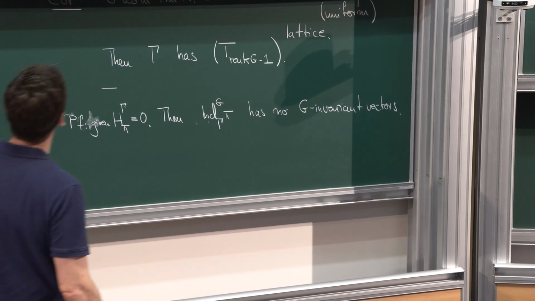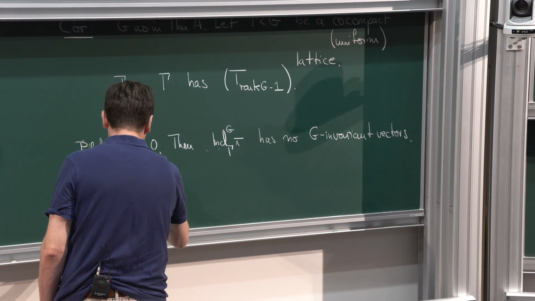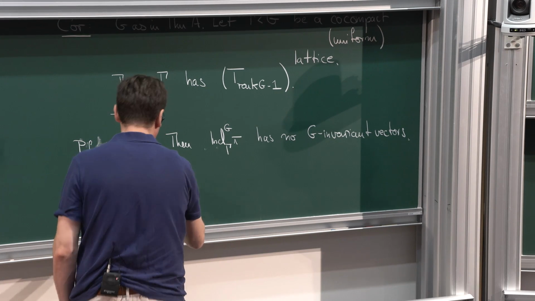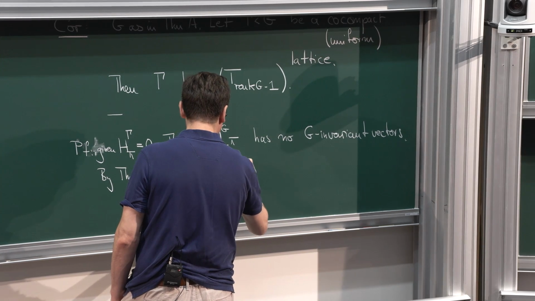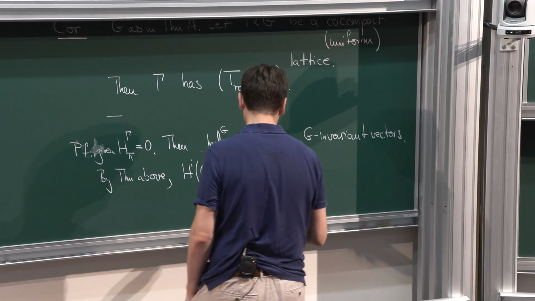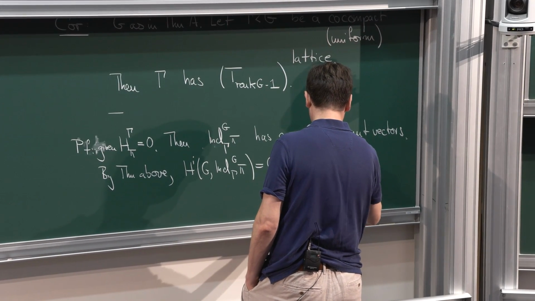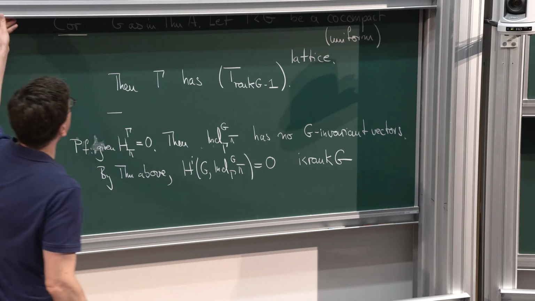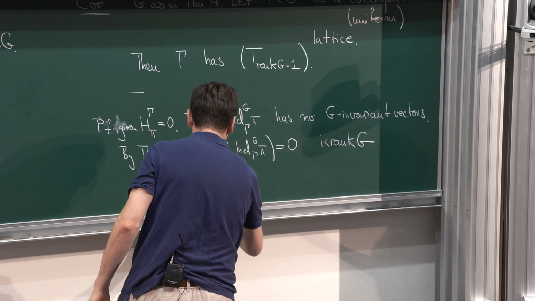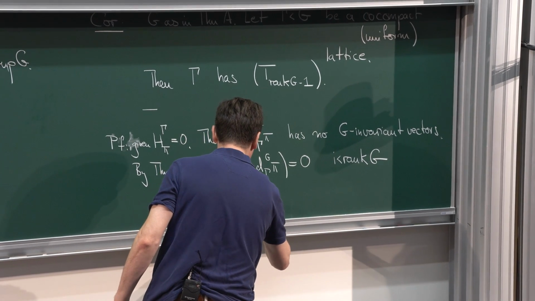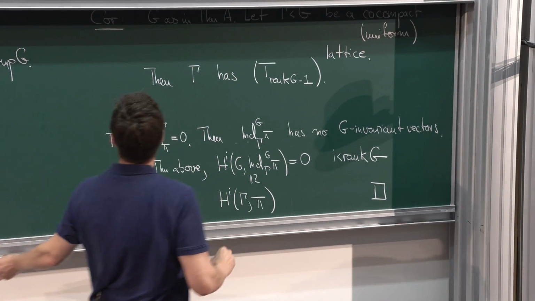And this means I can apply the theorem to say that this cohomology is 0 in the appropriate range. But now the Shapiro isomorphism tells us that this is just this cohomology, and so we're done. Okay.